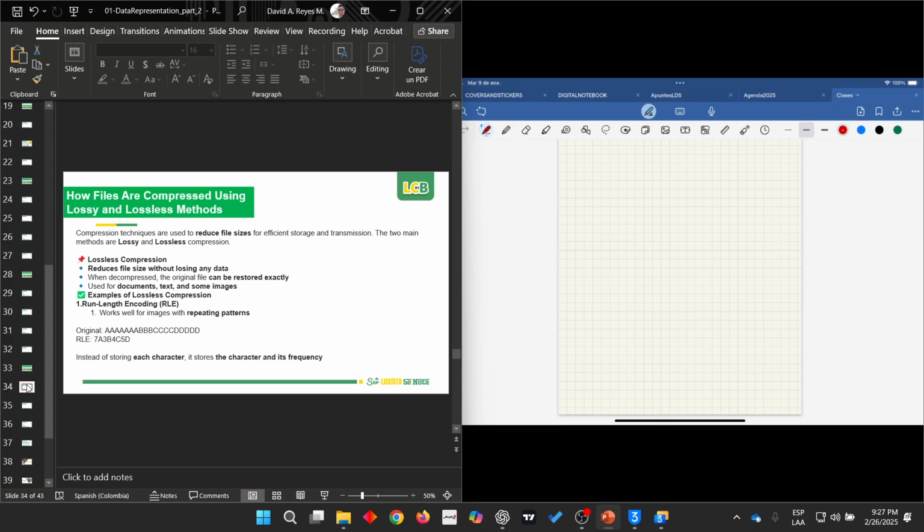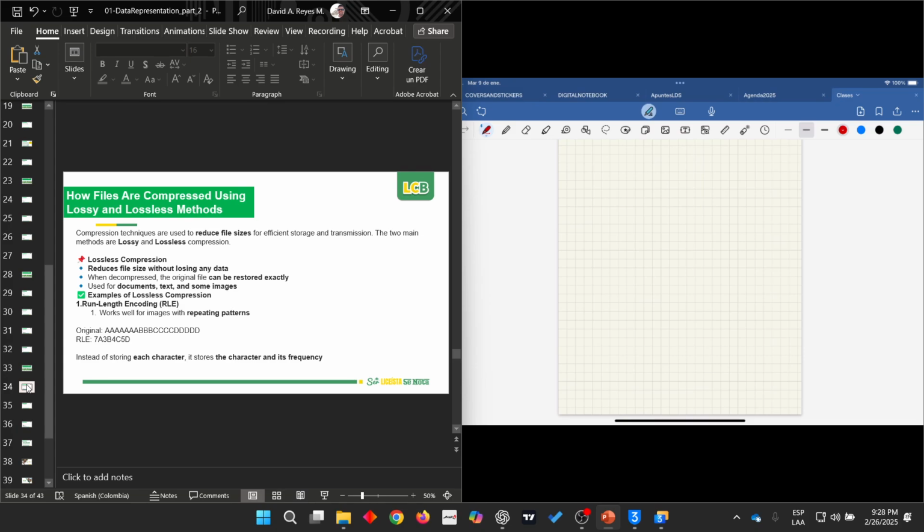Lossless compression reduces file size without losing any data. When you decompress, the original file can be restored exactly. It is used for documents, text, and some images. Let's see this method.